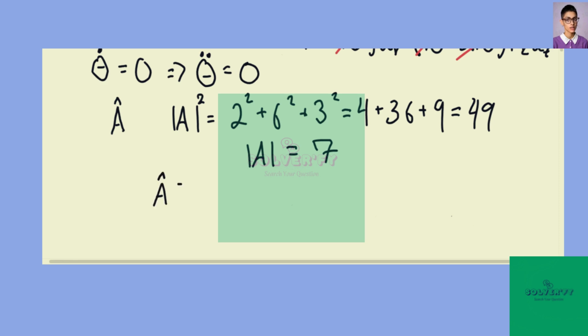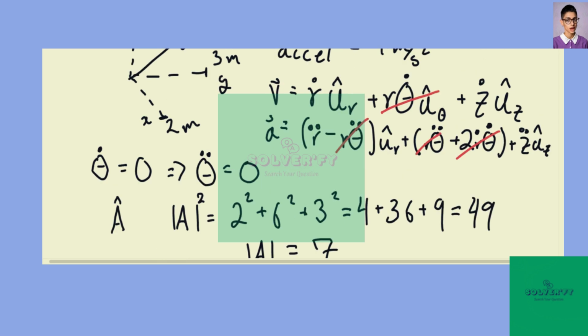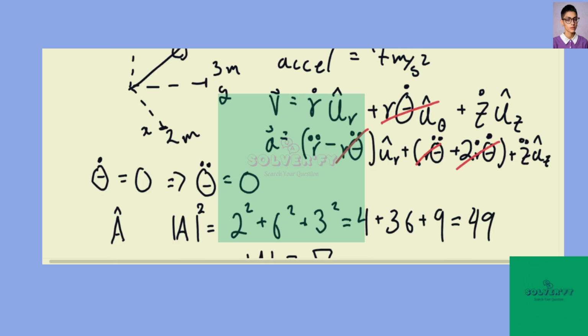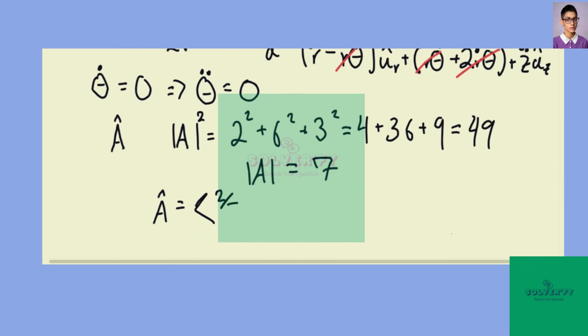So then our vector a hat, our unit vector a hat, is just going to be each little component divided by the magnitude, which is going to be for x, since that's 2, that's 2 over 7, y is 3, so that's 3 over 7, and z is 6, so that's 6 over 7.